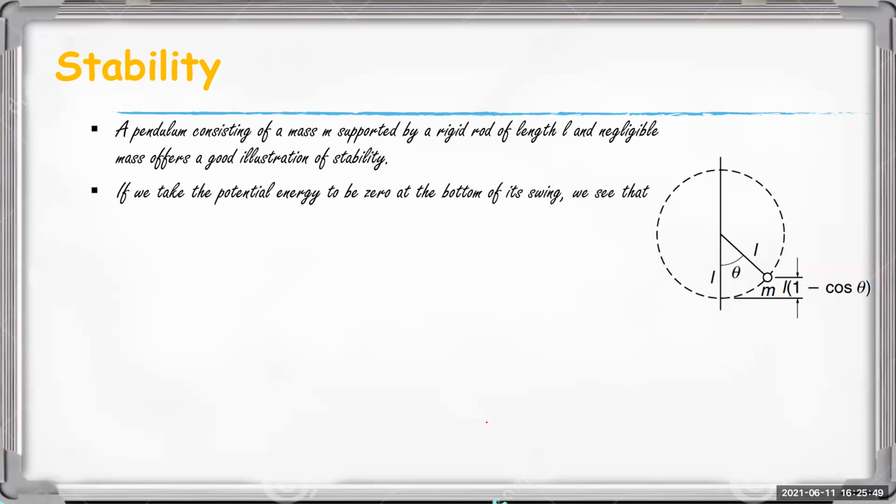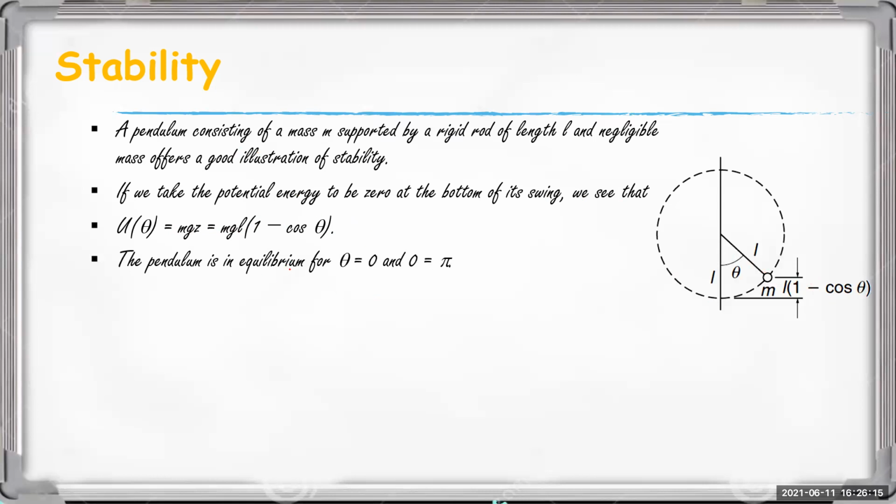If we take the potential energy to be 0 at the bottom of the arc, then u of theta is equal to mgz, that is equal to mgL into 1 minus cos theta. It will be available from the figure.